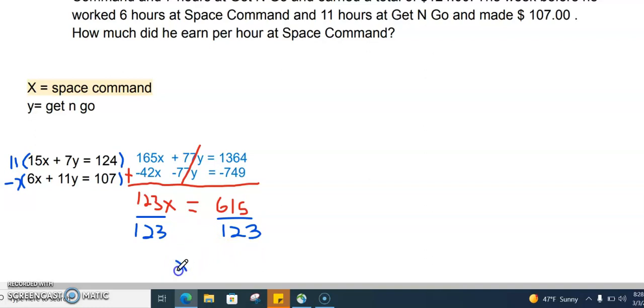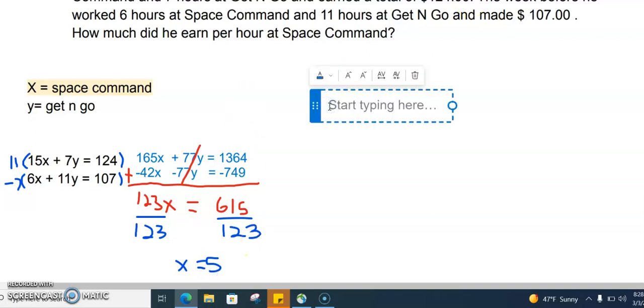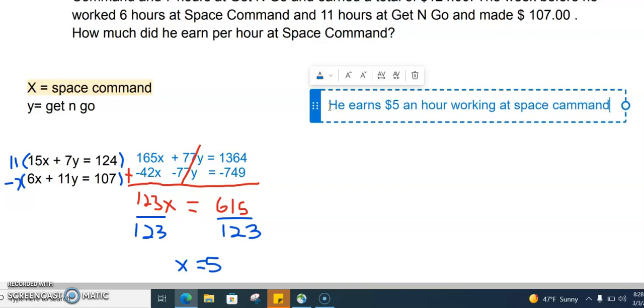So X is equal to 5. So that means that he earns $5 an hour working at Space Command.